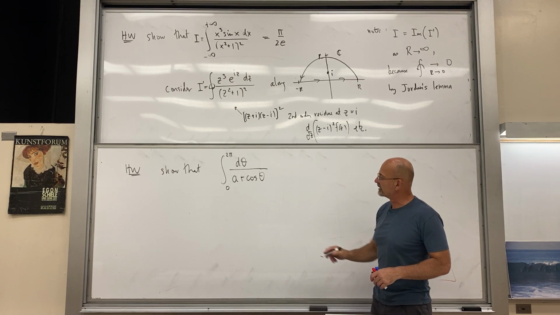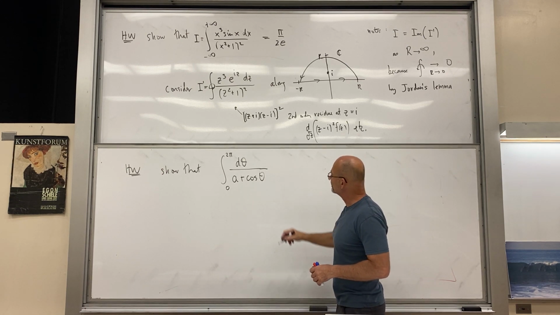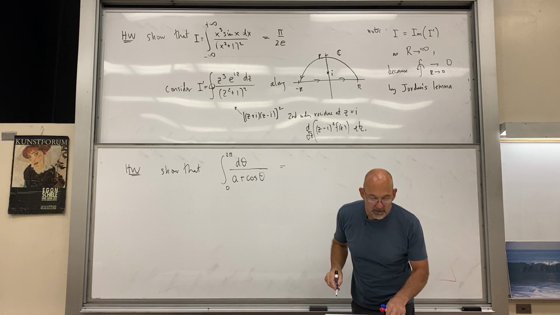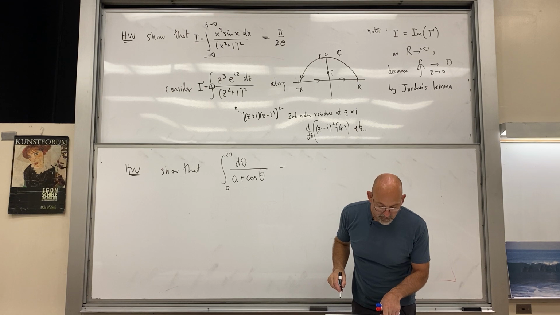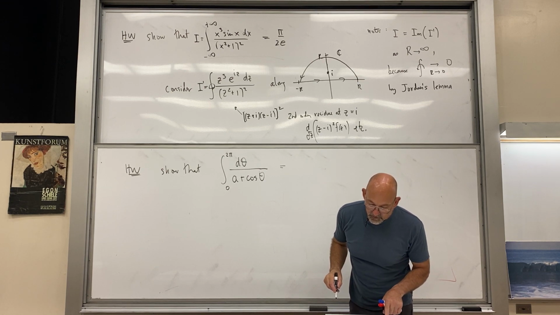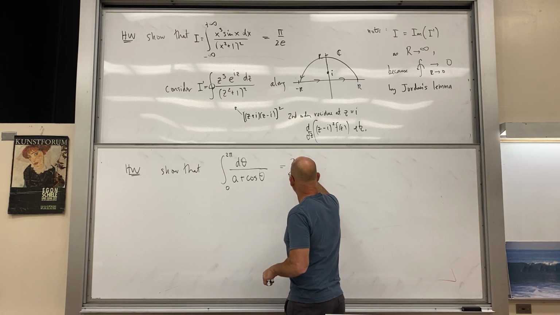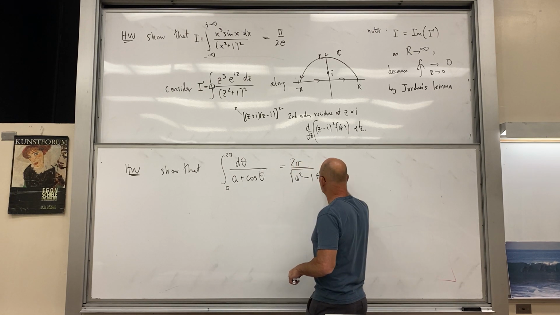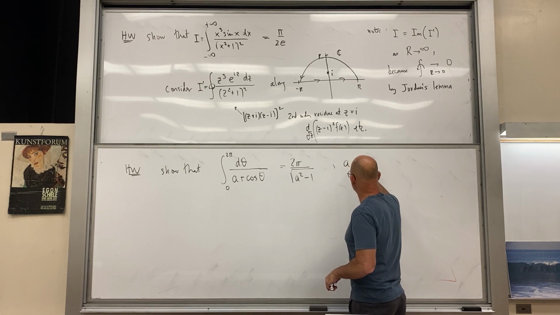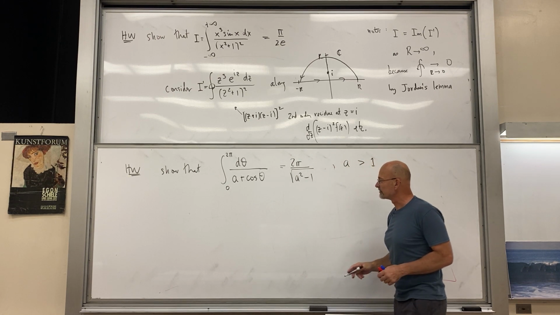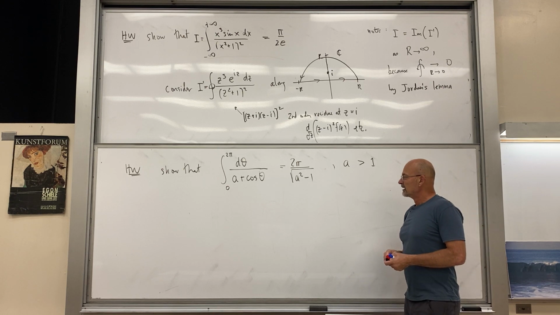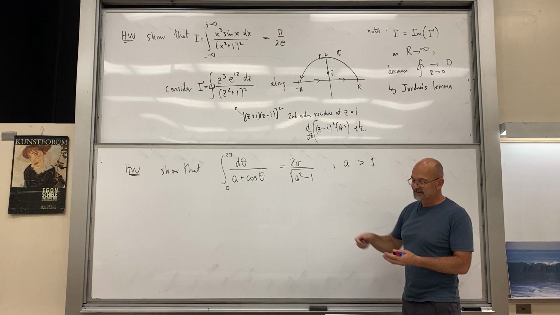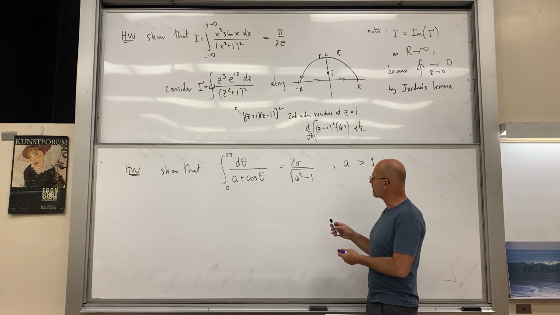We're not doing 0 to infinity. 0 to 2 pi, d theta over A plus cosine theta equals, this is a great problem here, equals 2 pi over, unless I made a mistake, root a squared minus 1. So what we're looking at is a strictly greater than 1. So we're going to do this with complex techniques as well. This one is a pretty rich problem.